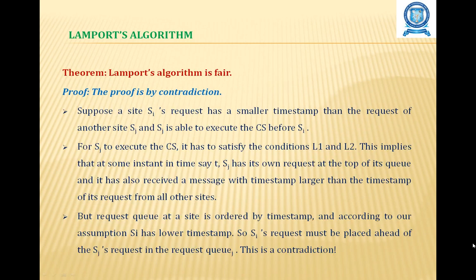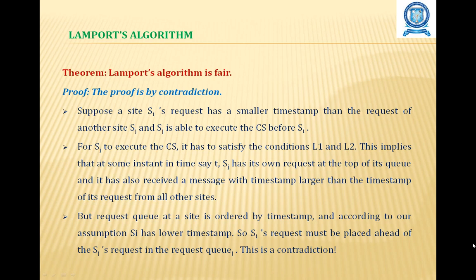The second theorem says that Lamport's algorithm is fair, which is also proved by contradiction. A distributed mutual exclusion algorithm is fair if the requests for the critical section are executed in the order of their timestamps. Suppose site Si's request has a smaller timestamp than the request of another site Sj, and Sj is able to enter the critical section before Si.